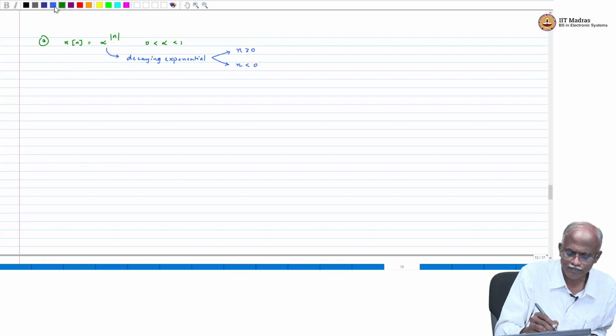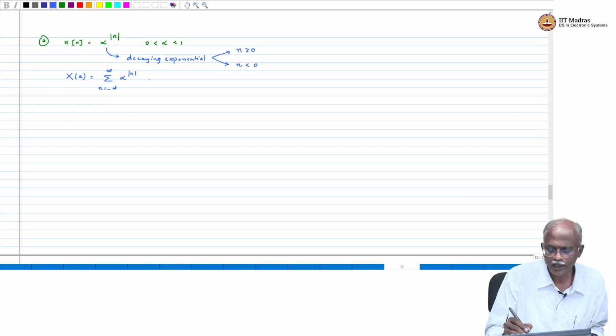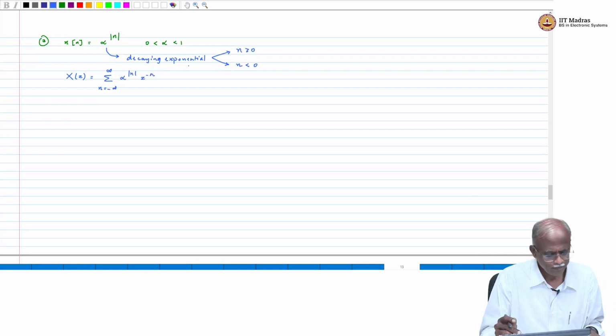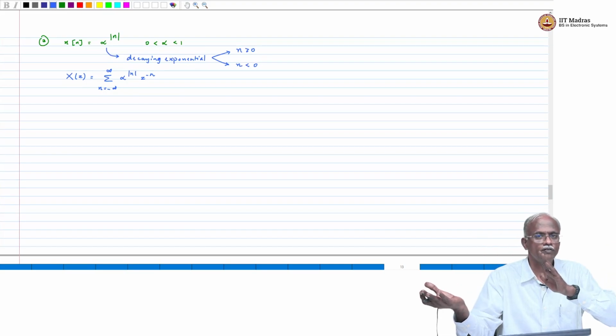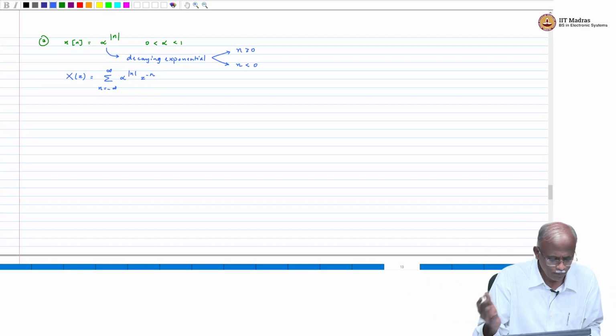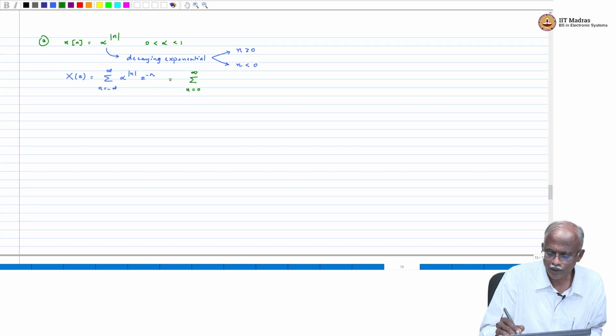So, x of z: first step, write down the general expression, summation n equal to minus infinity to infinity of alpha raised to the power mod n, z power minus n. Since the modulus acts differently for positive values of n and negative values of n, we will split the summation into two parts. Split it as summation n equal to 0 through infinity.